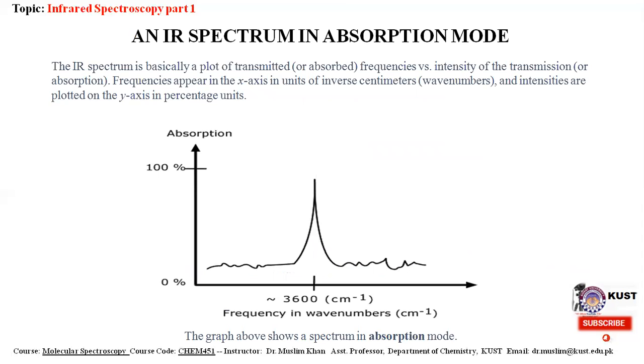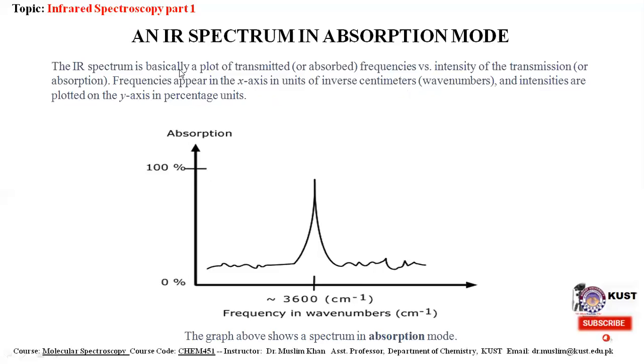So when you are representing an IR spectrum in absorption mode, this is absorption and this is frequency, or wave number. Wave number is the reciprocal of wavelength, which is why it is written in inverse centimeter.